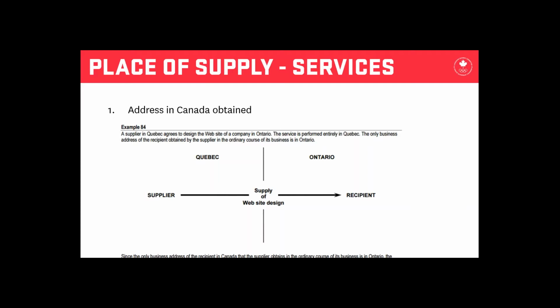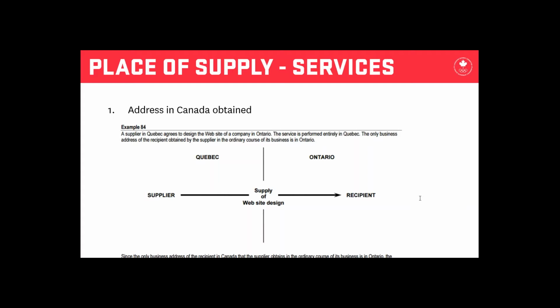In that case, since I'll just read from the example, since the only business address of the recipient in Canada that the supplier obtains is in Ontario, the supply of the service is made in Ontario and subject to HST at the rate of 13%.